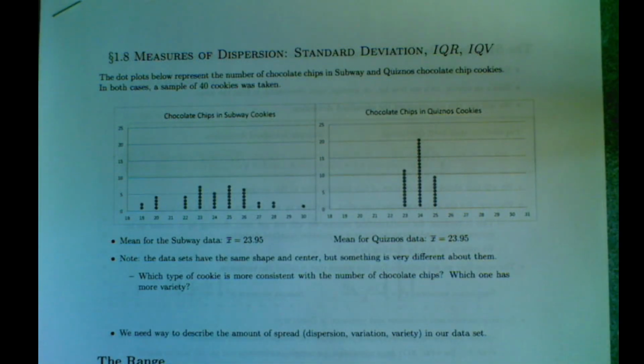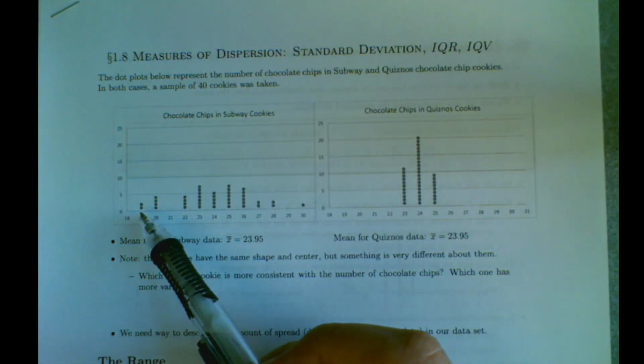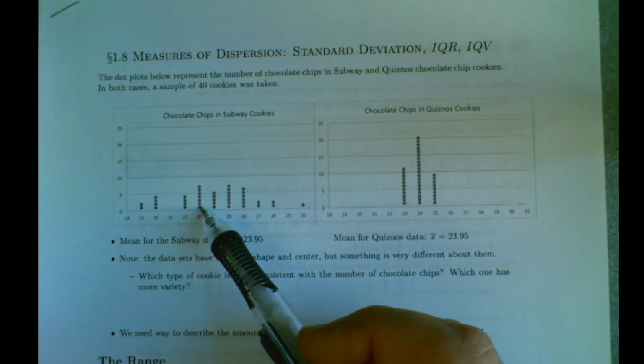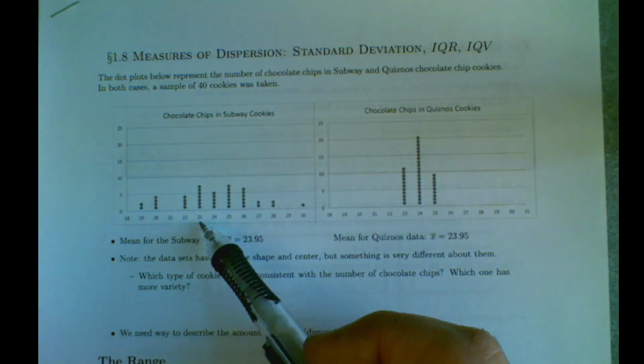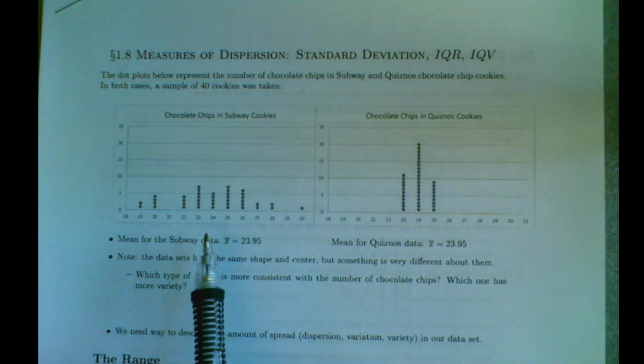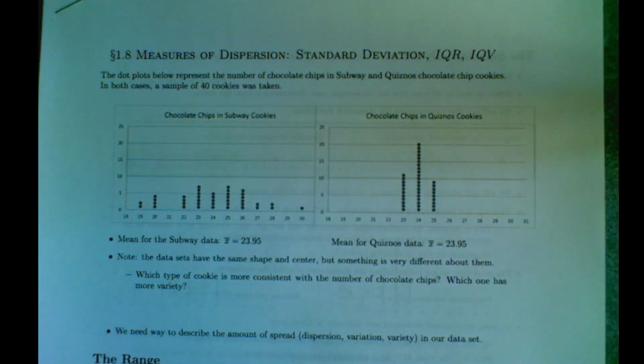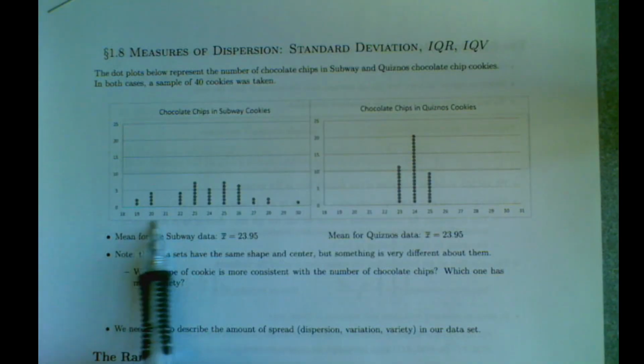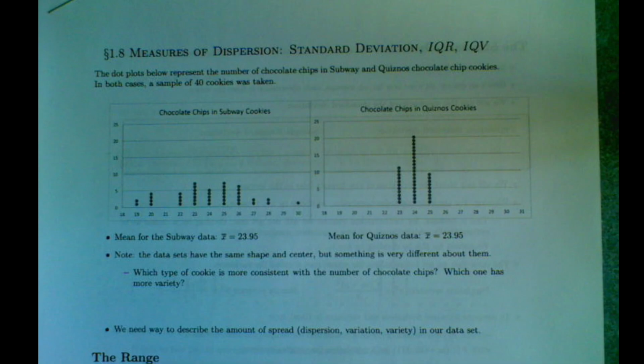If you compare that to the Subway data, there were 2 cookies with 19 chocolate chips, and there were 7 cookies with 23 chocolate chips, and 1 cookie had 30 chocolate chips. So there's much more variety in terms of the number of chocolate chips you expect to find in a Subway cookie. Much more variety compared to the Quiznos cookies.